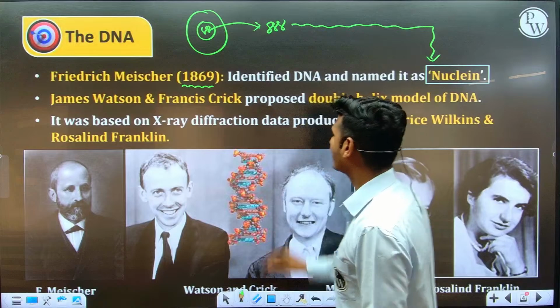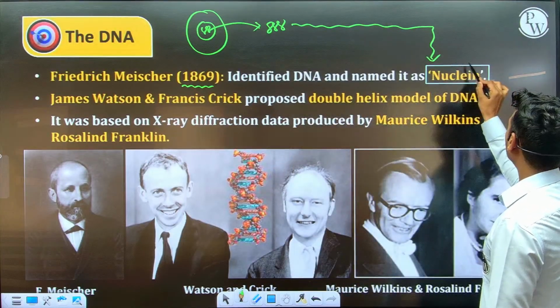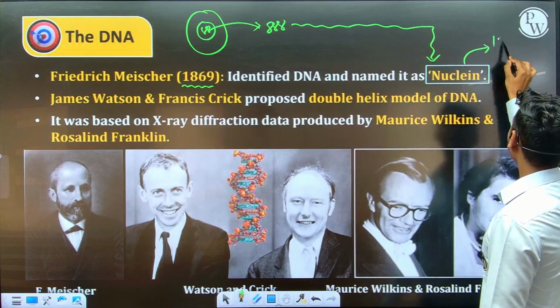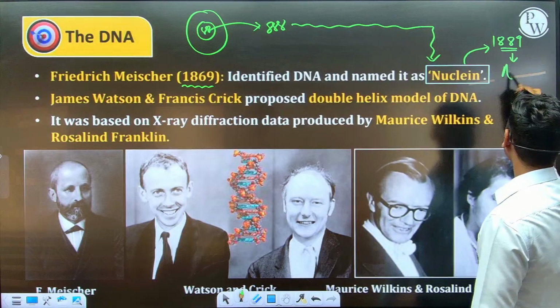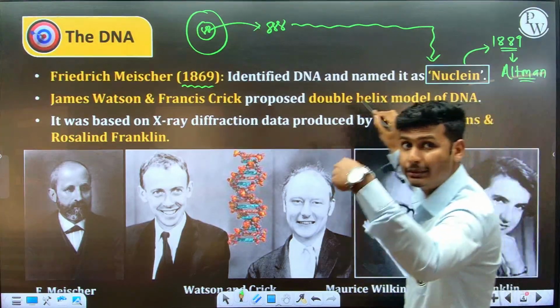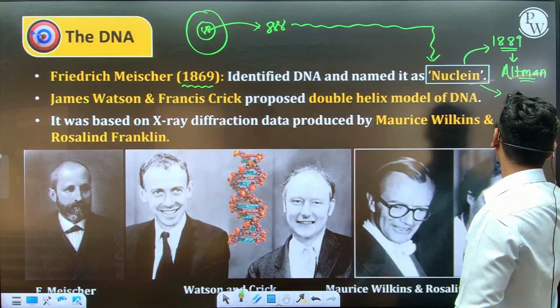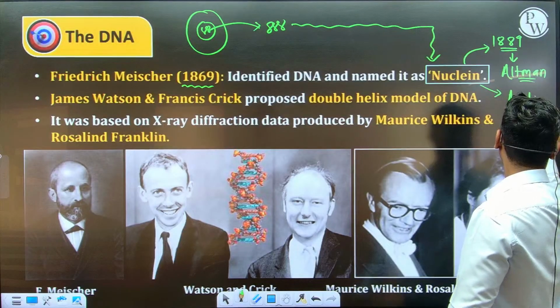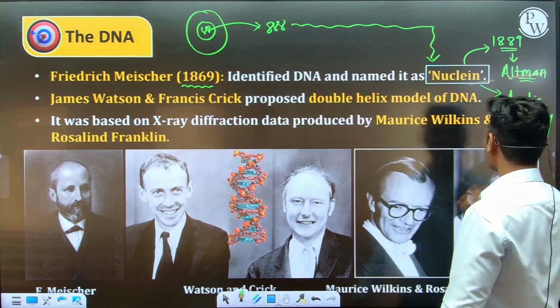After some time, like after 20 years, this substance, the nuclein, in 1889, a scientist named Altman found that this nuclein has some acidic property.